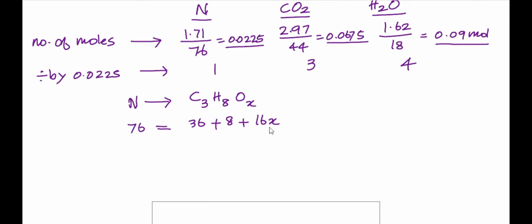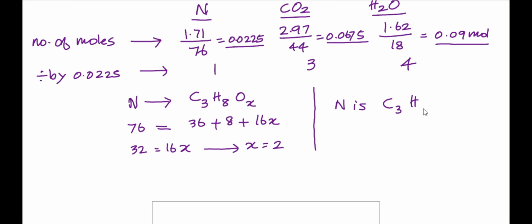From this we can easily figure out what x is. So 76 minus 36 is 40, 40 minus 8 is 32, 32 is equal to 16x, leading to x equal to 2. Therefore oxygen is 2 in this compound. Therefore we can say N is C3H8O2, and then box it.